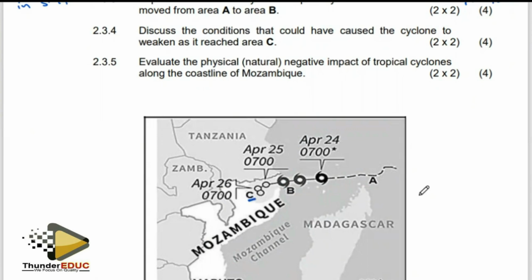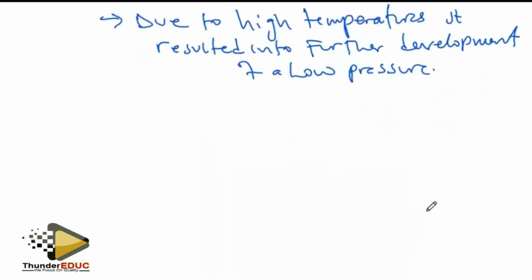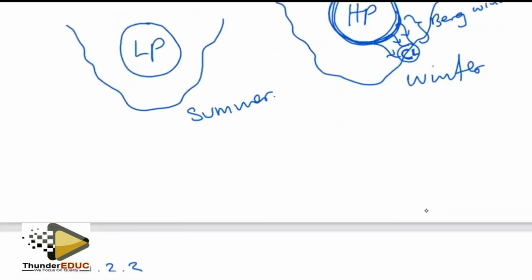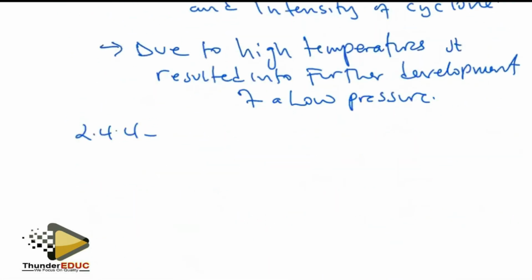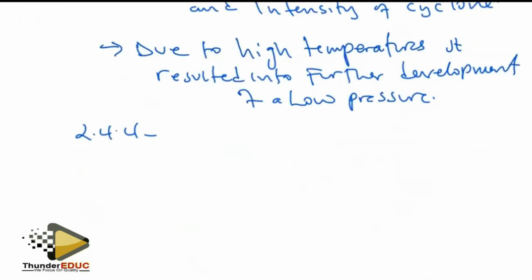All right. Let's go back. Discuss the conditions that could have caused the cyclone to weaken as it moved to area C. This is 2.3.4.